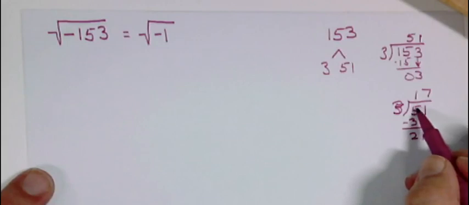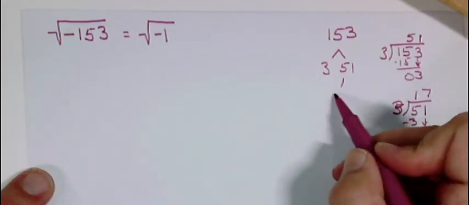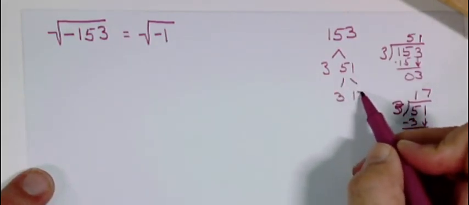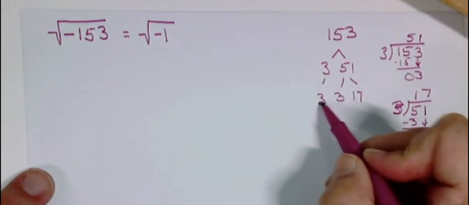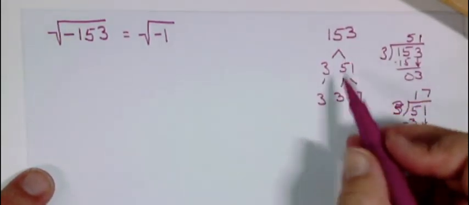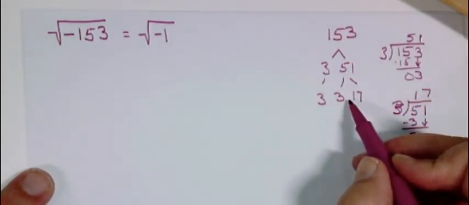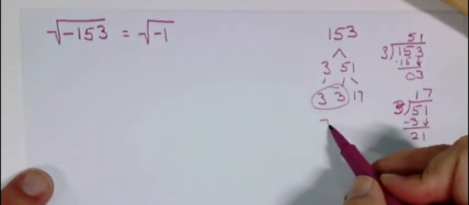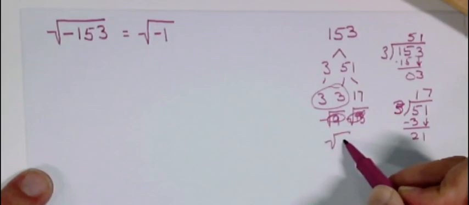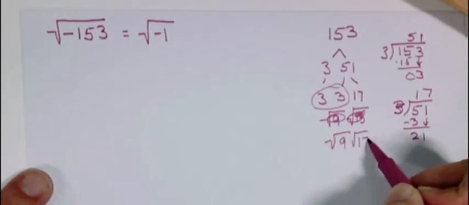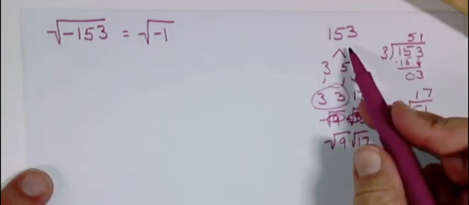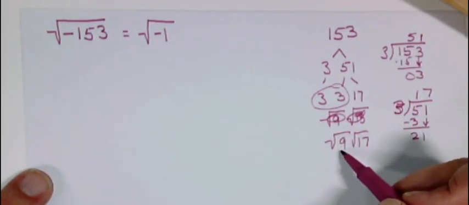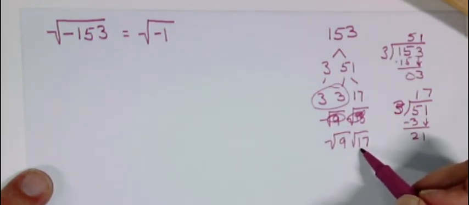So 51 becomes 3 times 17. So 153 can be written as 3 times 3 times 17. 3 times 3 is 9. We could rewrite 153 as square root 9 times square root 17.